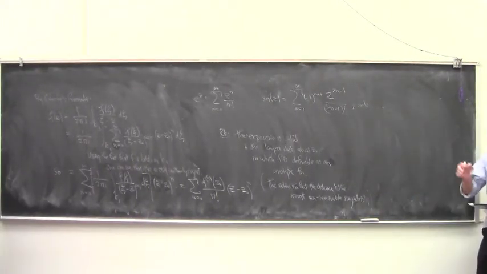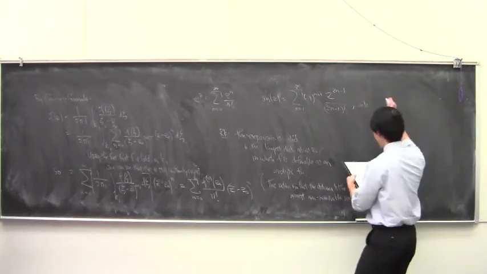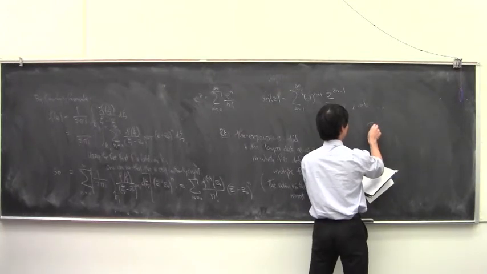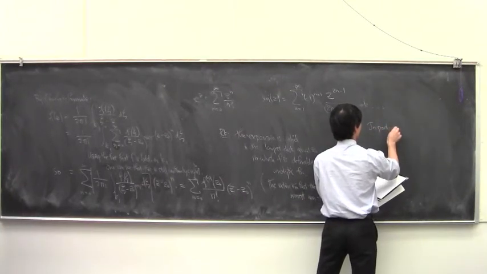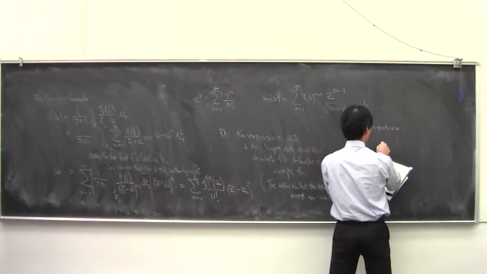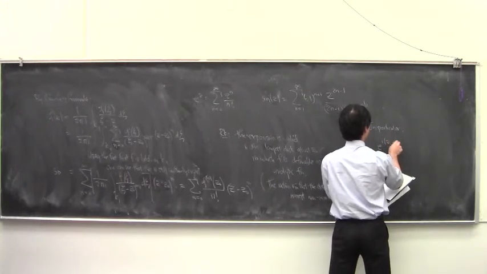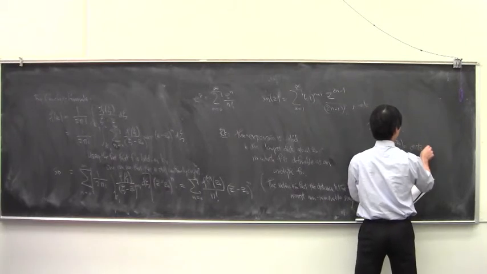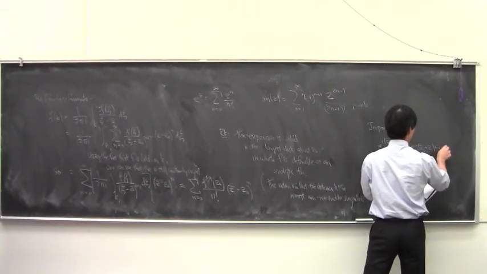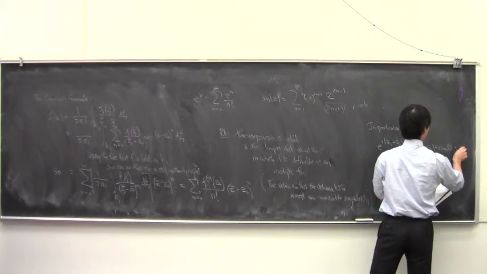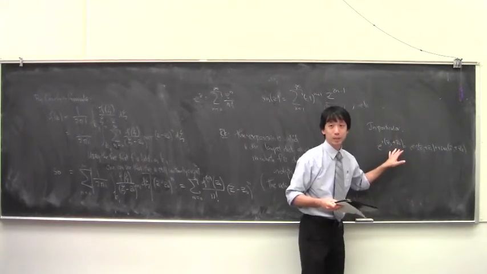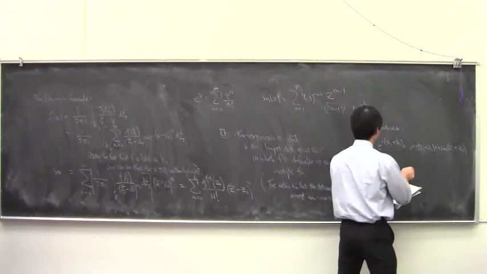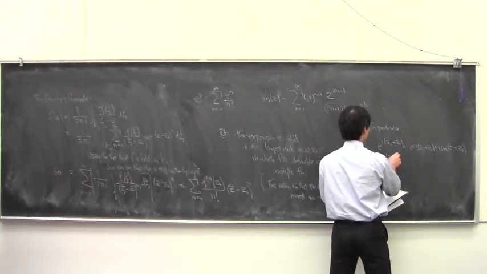If you don't mind me showing you something amusing, what you'd see is that e to the i times z1 plus z2 equals cosine of z1 plus z2 plus i sine of z1 plus z2. And in fact, this would be true for all complex numbers, not just real numbers.